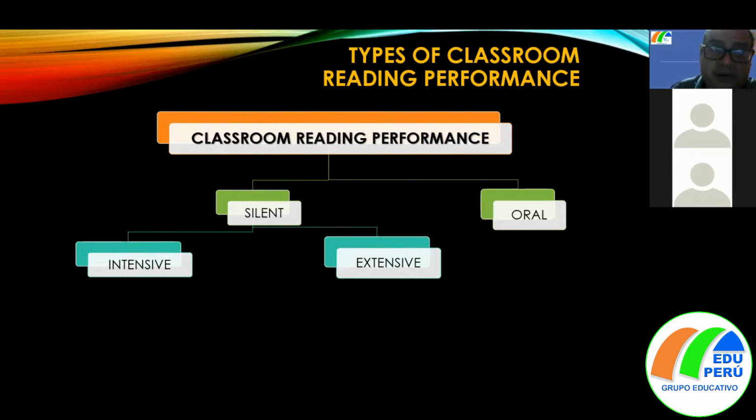Maybe you have heard about it before or not. Don't worry. We're going to talk about these two types of reading. Silent reading is divided in two, intensive and extensive, and at the same time, intensive and extensive are divided into other subtypes too.